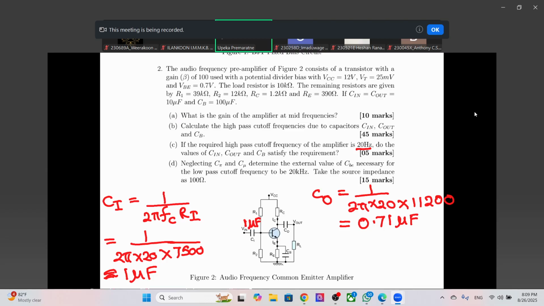So here, we have to write this in terms of a practical value.